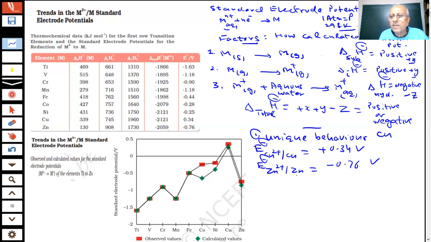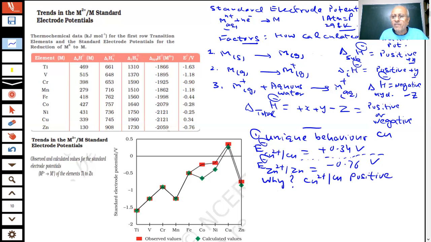First important point: copper is positive and zinc is negative. Can you explain why copper 2 plus to copper is positive and zinc is negative? That is the first question.